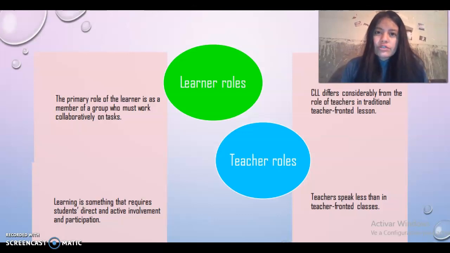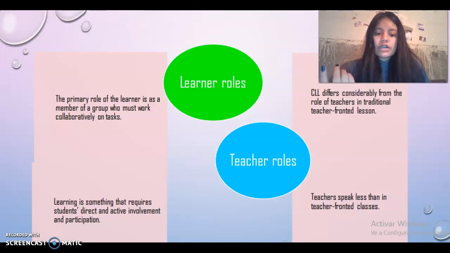They also give a little bit of feedback, redirecting the students with questions, and encouraging. This is the most important part: encouraging the group to solve their own problems.